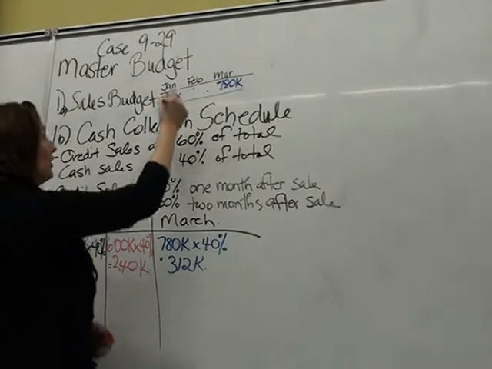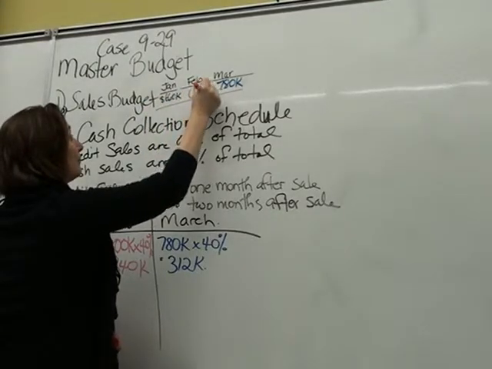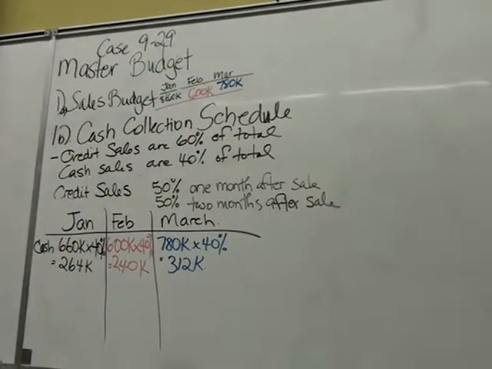Now we need to do the credit sales. For the credit sales for January, how many are we collecting in January? None, correct.